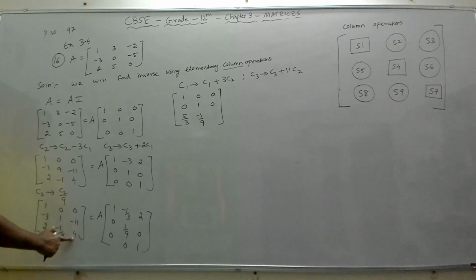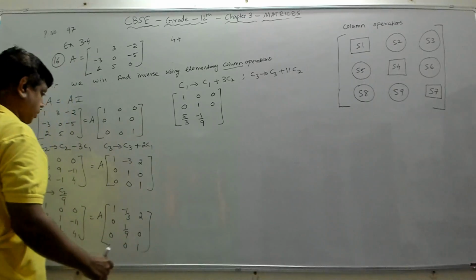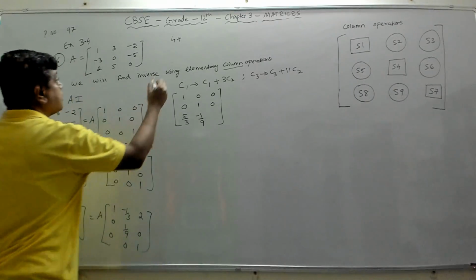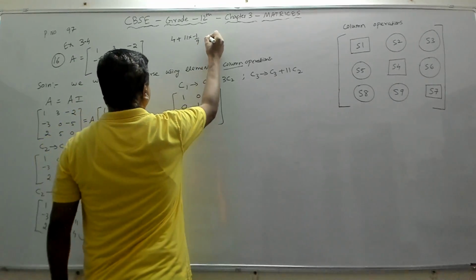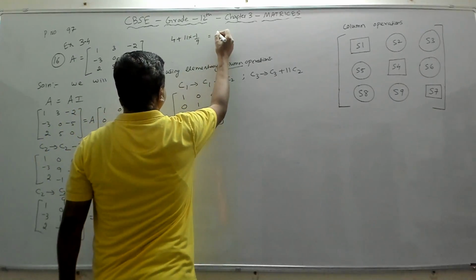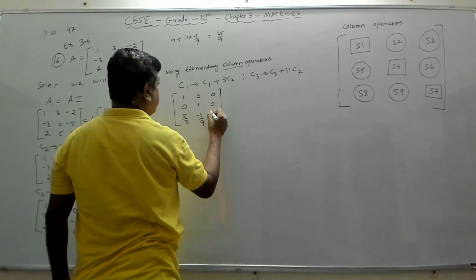Then 4 plus 11 times minus 1 by 9. So what will that become? That is 4 plus 11 into minus 1 by 9. That will become 36 minus 11, which is 25 by 9. You will get 25 by 9.